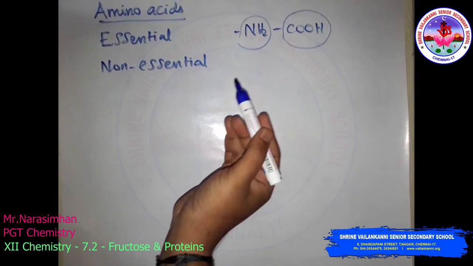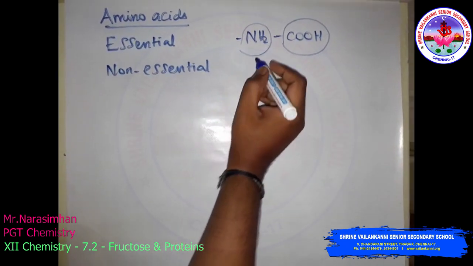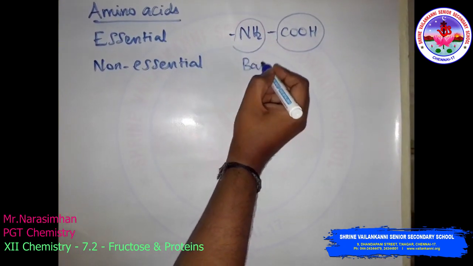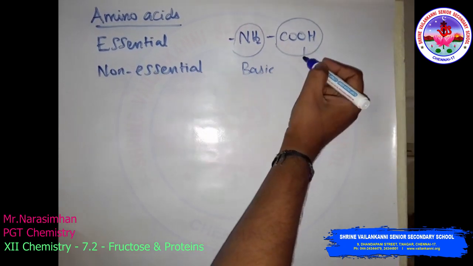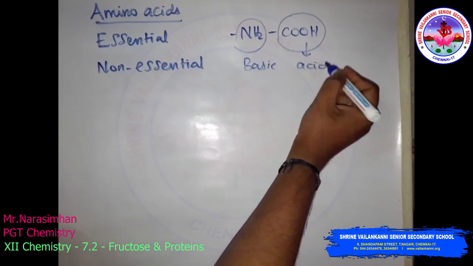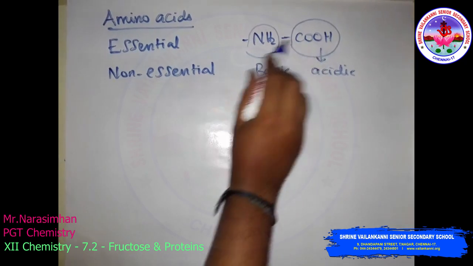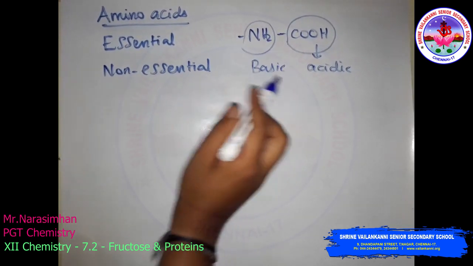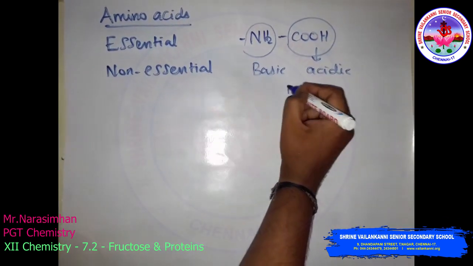Where more amine groups are present, they are simply basic. More carboxyl groups, they are acidic. An equal number of carboxylic and amino groups means it is neutral.